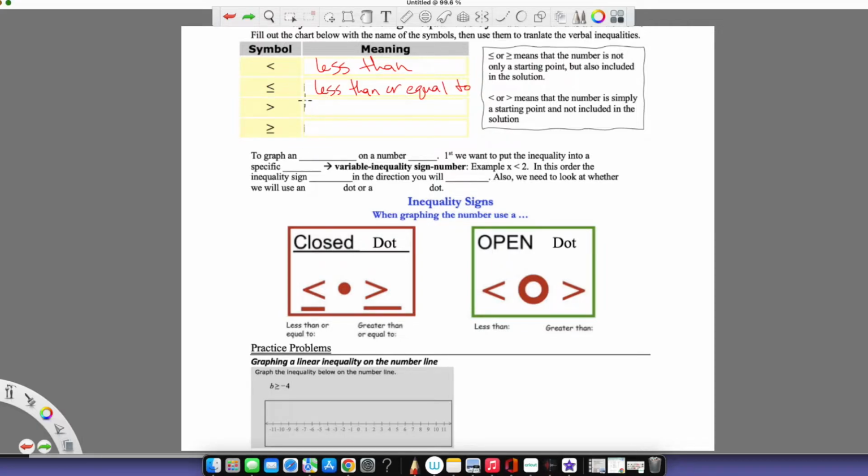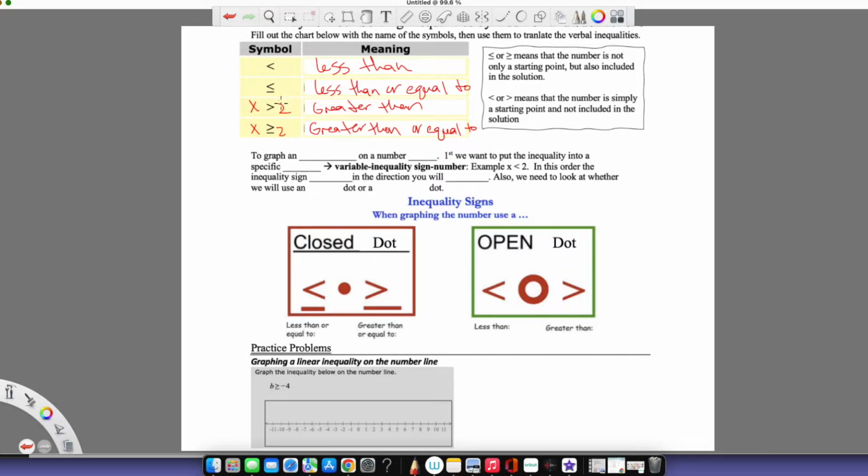And then when we have it this direction, we have greater than, so we read it as x is greater than 2. And then same thing with this one, it's greater than or equal to. So again, it's got the equal sign under it. If I did these same ones with x is greater than 2, 2 is not included.